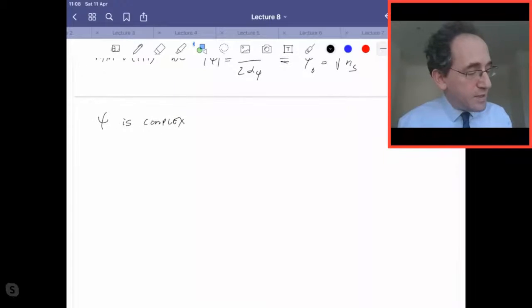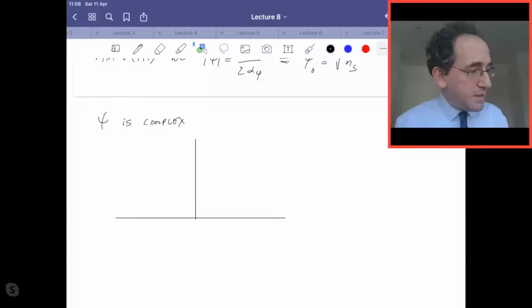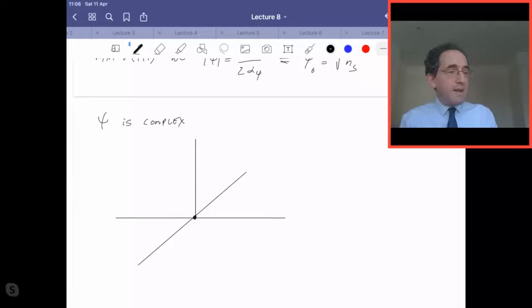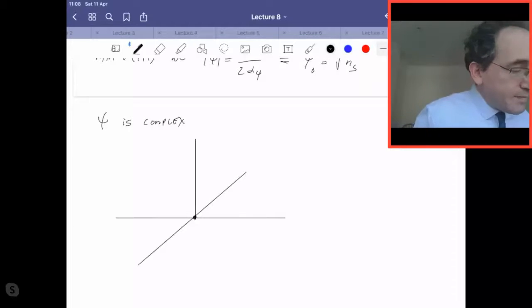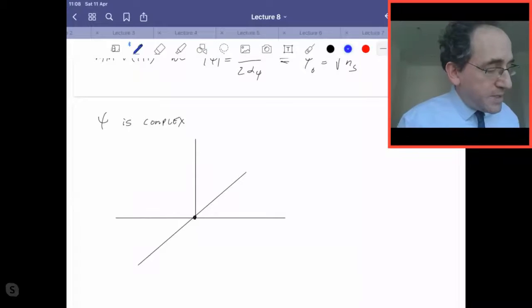Let's see if I can do this a little bit better in 3 dimensions. So we have something that looks like this, and then we have a third dimension like that. Those are all supposed to intersect at 0. And let's see how we can do this. So the function we're trying to plot looks kind of like this.